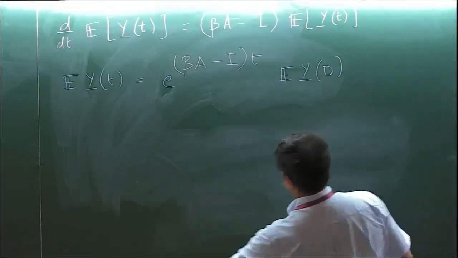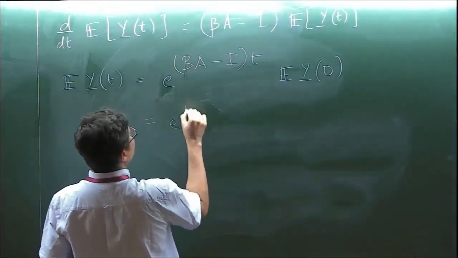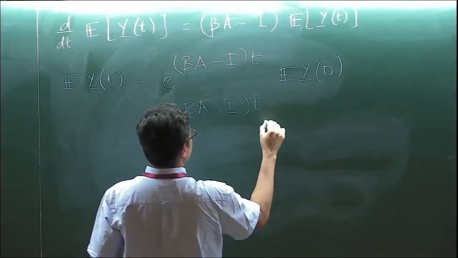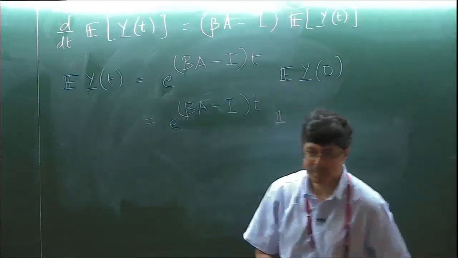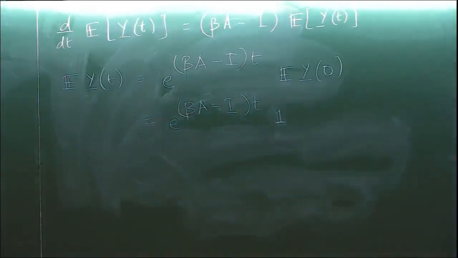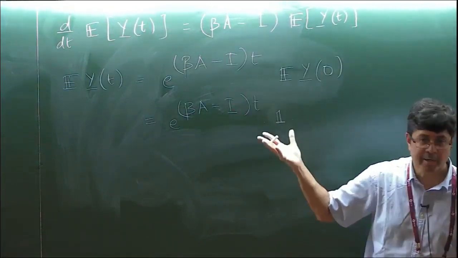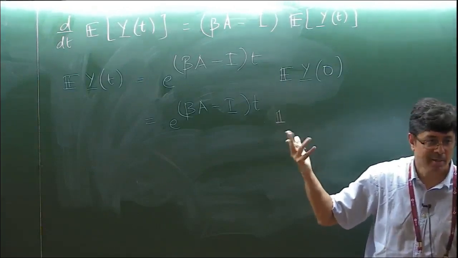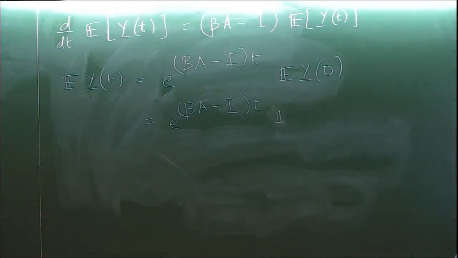Okay, and this was, the right-hand side was just the all one vector. Okay, so this is the great simplification we get by looking at the branching random walk rather than the contact process, that its expectation evolves according to a linear differential equation.